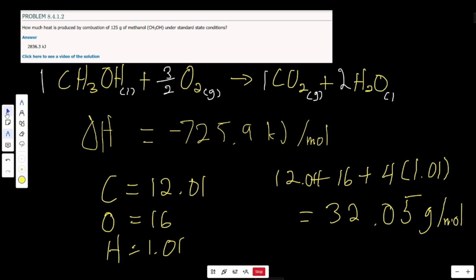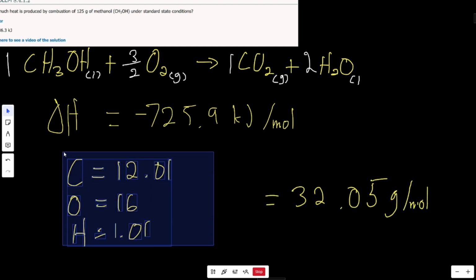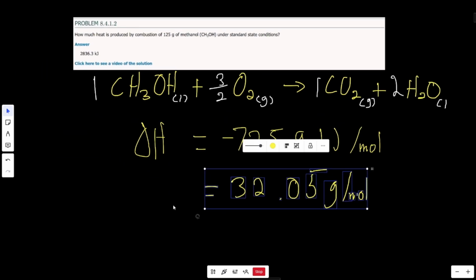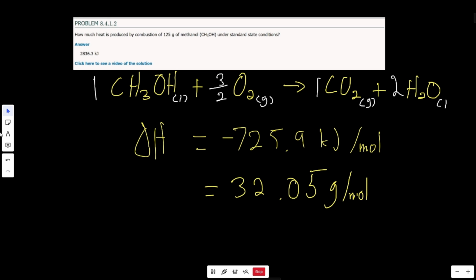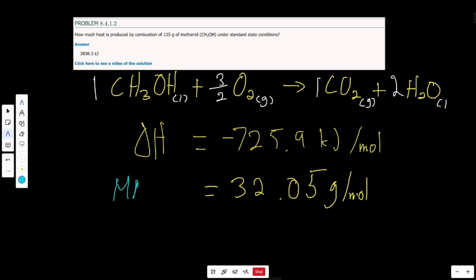Alright, so how will we move forward from here? Now that we have the molar mass of methanol, we can determine how many moles of methanol we are actually dealing with here. So, let's write this here. Molar mass of CH3OH. Okay.